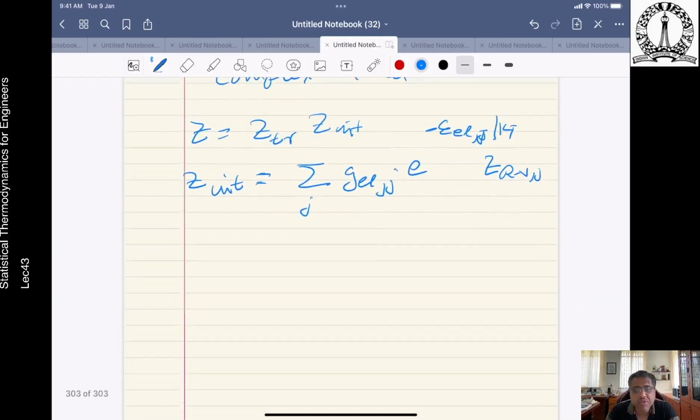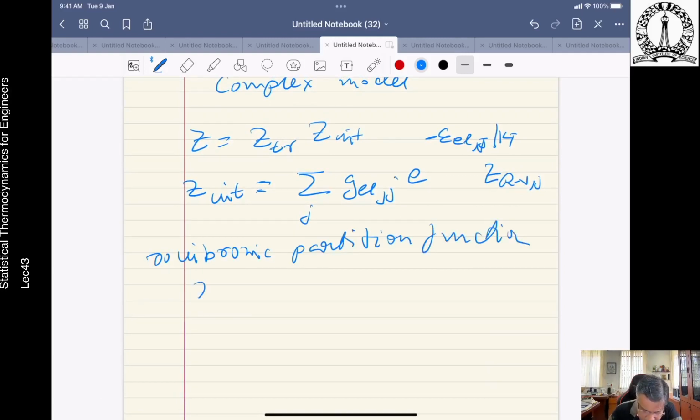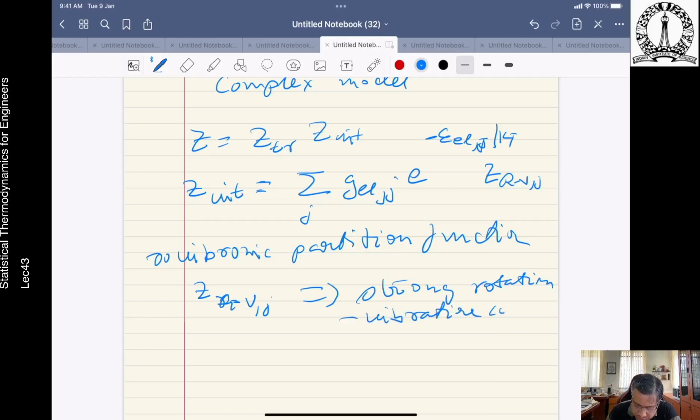Now what we see over here is that the Ro-vibronic partition function, which is given as capital Z_RV,j, inherently implies strong rotation-vibration coupling. It explicitly depends on the jth electronic state via the influence of its potential on both the vibrational and rotational energy modes.